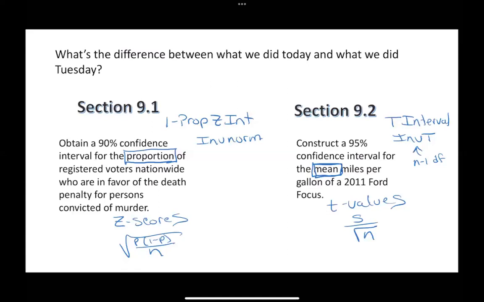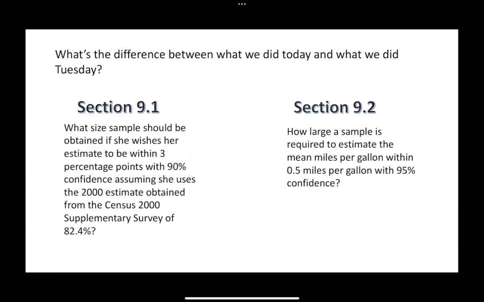Good, good. Okay, good. And then sample sizes. It would say something like what sample size should be obtained if you want to be within 3 percentage points. It'll always ask you about percentage points, and might say something like you had a previous survey of 82.4%. Somewhere in there, percent will be mentioned.